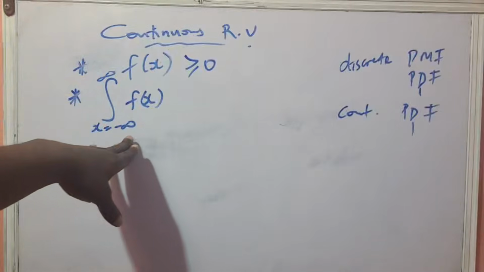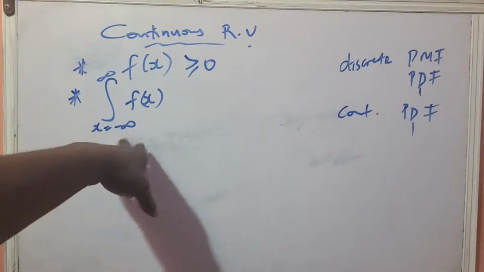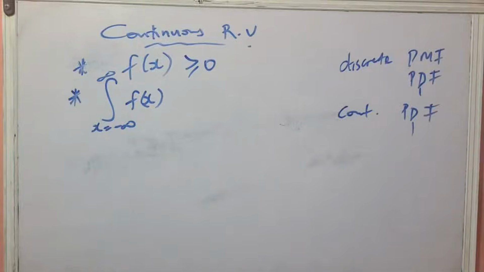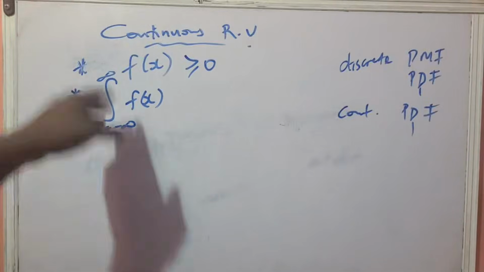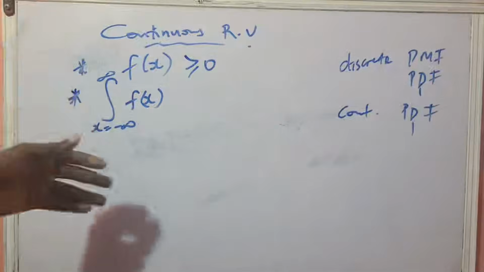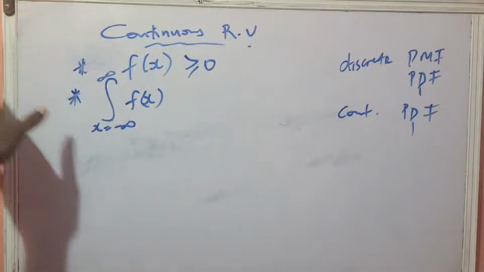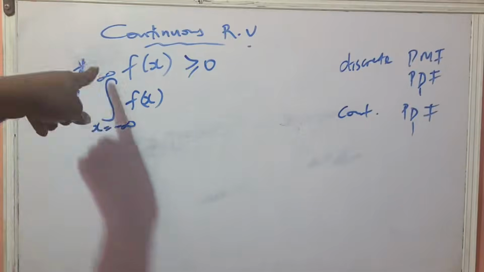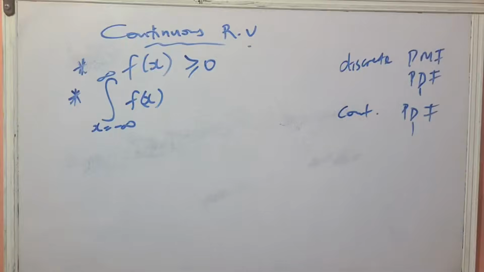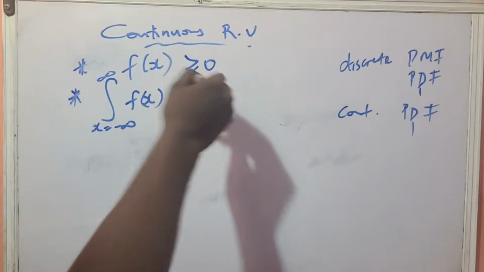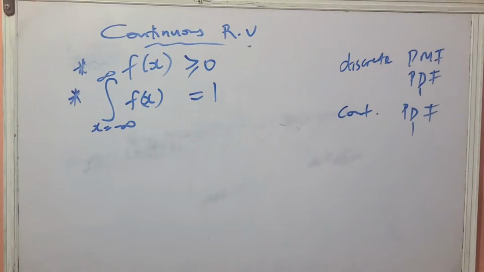That's why we just use it like a dummy. In some cases your limit may be from 1 to 5, so in that case your x should be from 1 to 5. In another case, it may be from 2 to 3, maybe from 5 to 11. Whatever the limit is, you place it there. So when you integrate the PDF, taking into account the limit that was given, the integration of that, setting the limit, must be equal to 1. So those are the two conditions that must be met.